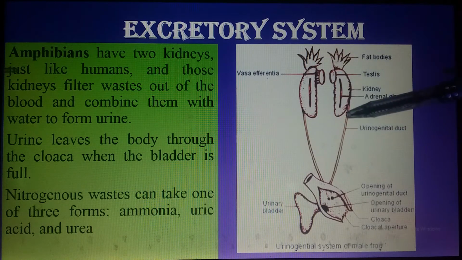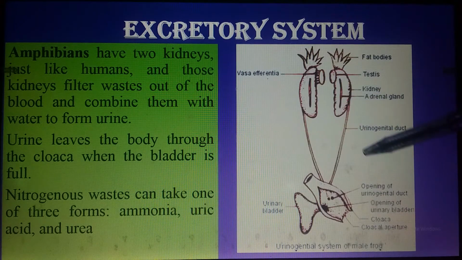And from the kidneys, the urinogenital duct arises. Why is it called urinogenital duct? Urino for urine, genital for the passage of the sperms in the case of the male.